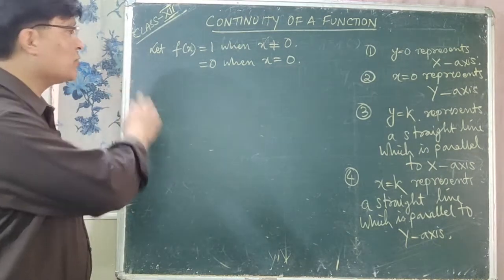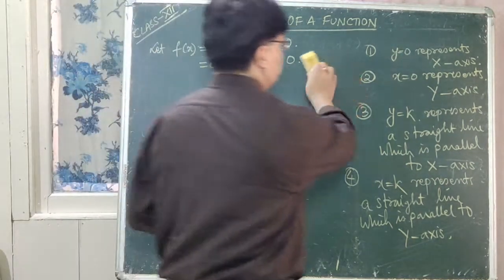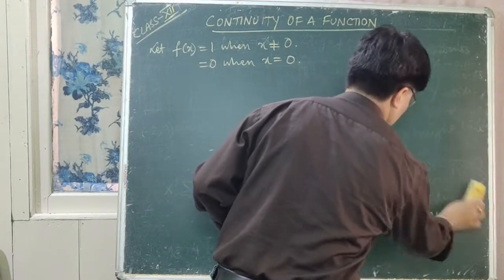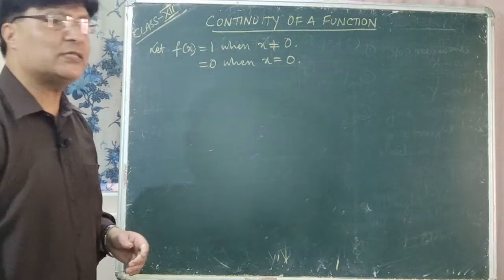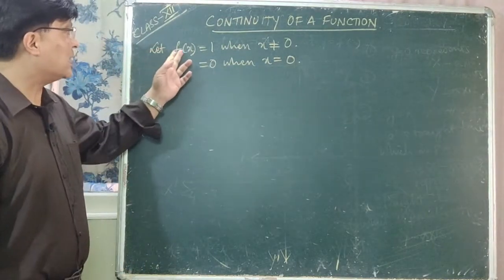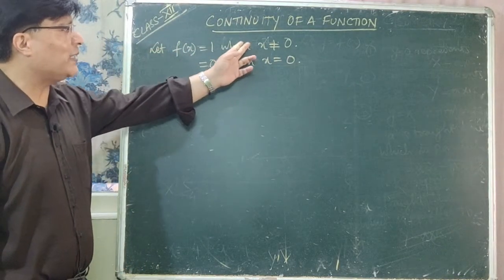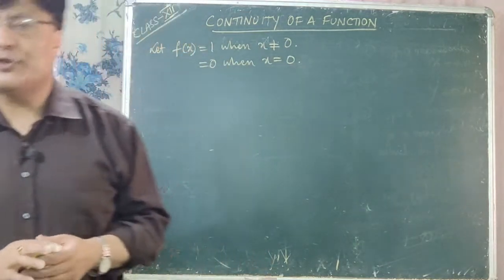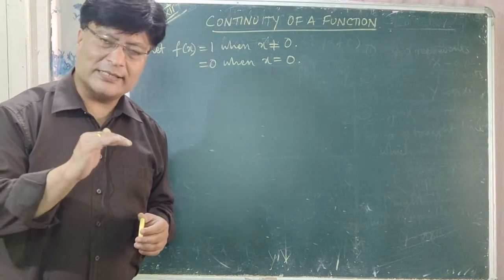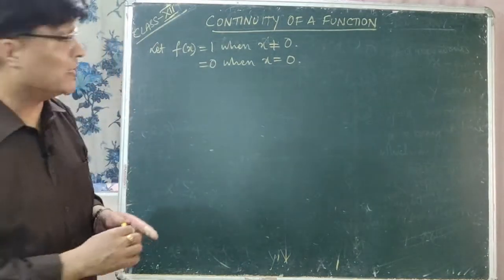Okay. Now let us draw the graph of this function. So let f of x is equal to 1 when x is not equal to 0. So what is meant by x not equal to 0? Either x is greater than 0 or x may be less than 0.